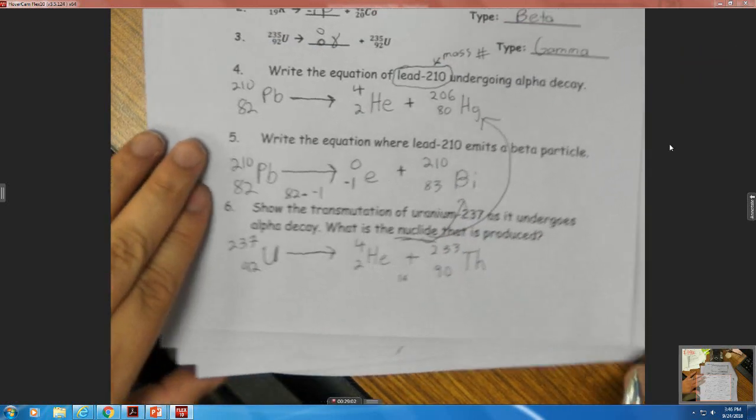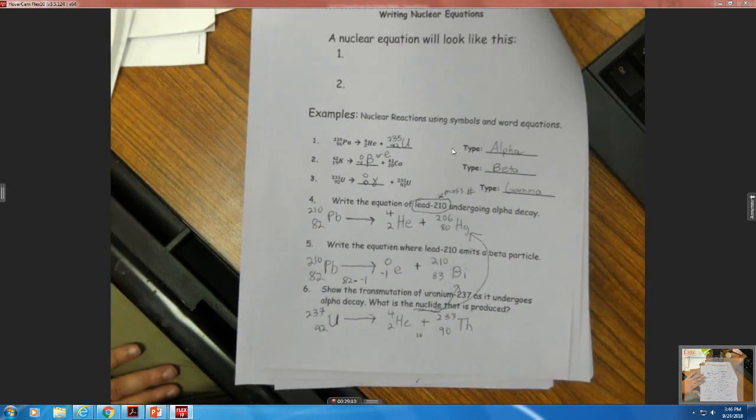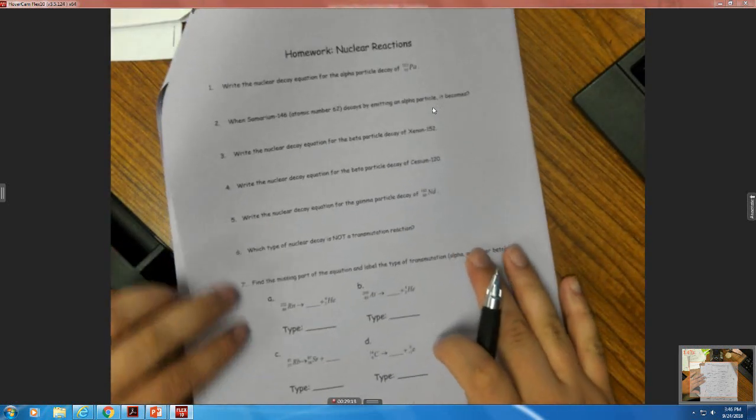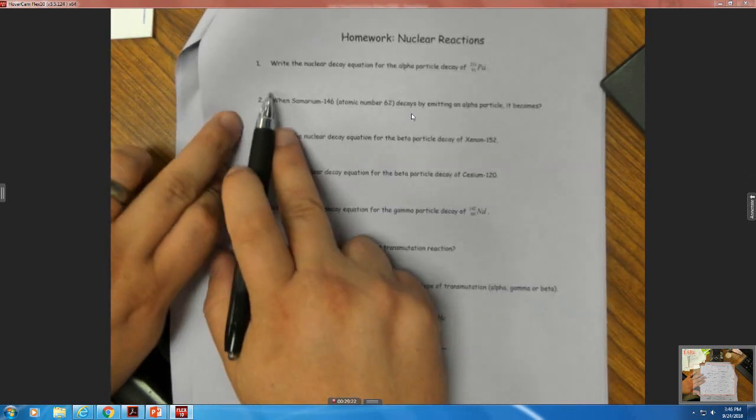Okay, so hopefully that helps you out a little bit. Your homework assignment, which is still due tomorrow on Wednesday, is going to be to complete all the questions on page 15. All right, so for each of these, make sure that you write out the equation.